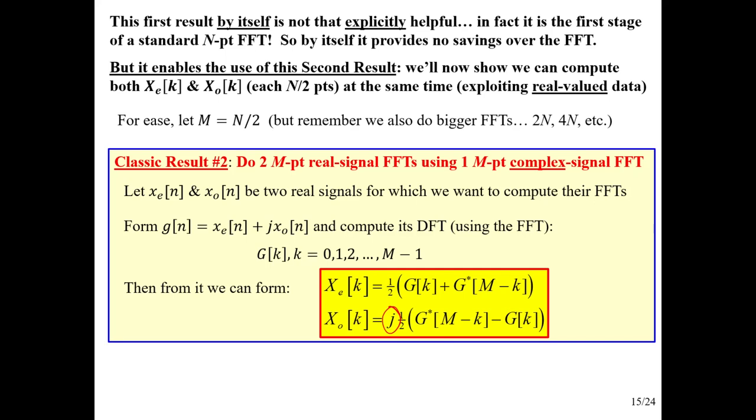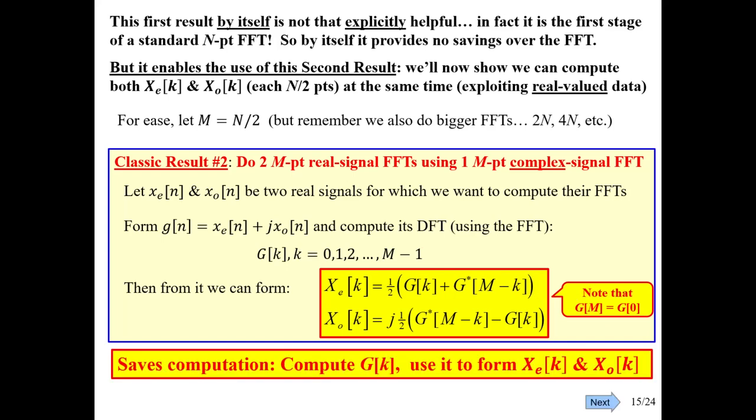So let's see where that comes from. And I should point out, when we put in K equal to 0 here, we're going to have G star of M. Where do I get that from? Remember, DFTs are periodic, so G[M] is the same as G[0]. So you just have to keep that in mind when you're indexing through.